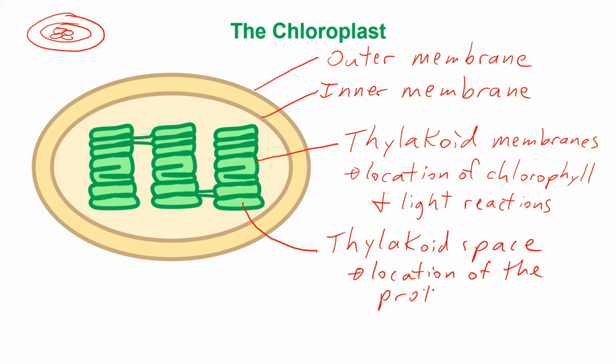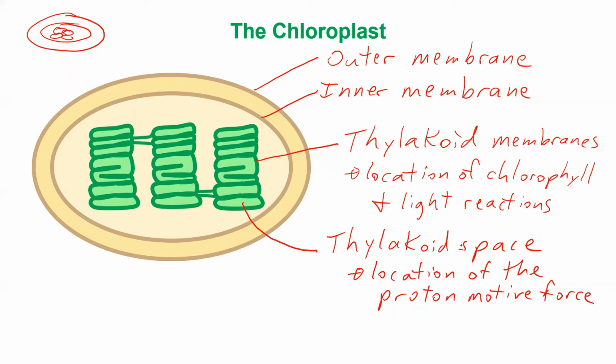So remember, we talked about the proton motive force. This is what drives ATP synthesis. So we are going to have some ATP synthesis here. That's actually an important part of photosynthesis, is making a little bit of ATP. It's not an end product, it's kind of somewhere in the middle. It's an end product of the light reactions.